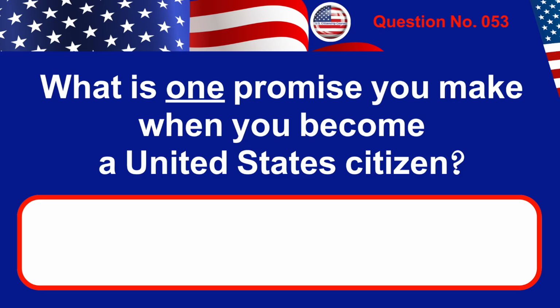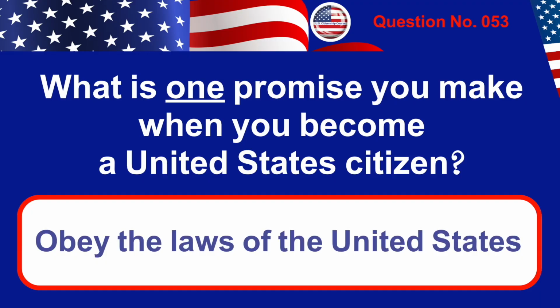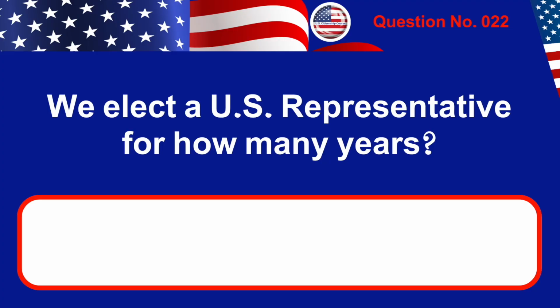What is one promise you make when you become a United States citizen? Obey the laws of the United States. We elect a U.S. representative for how many years? 2.